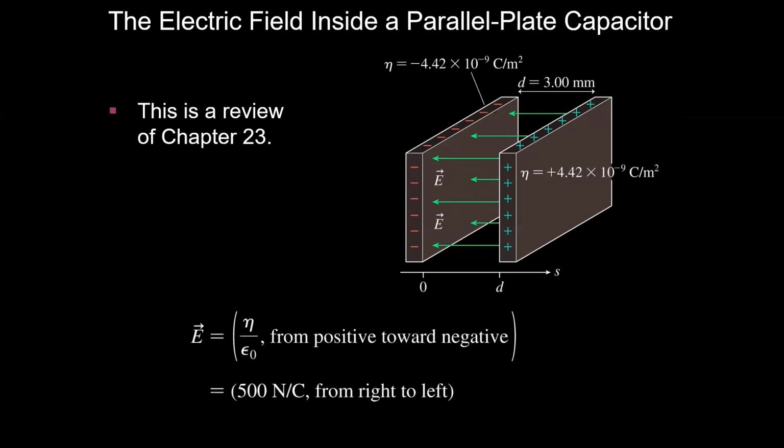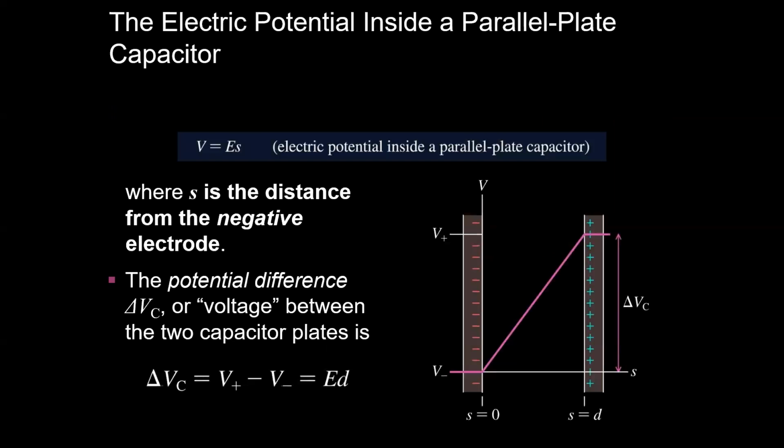So that's the review. Now, what about the new stuff? What about the electric potential in between these plates? The electric potential in between those plates, which we're kind of stating without proof, which is fine, is an increasing function from negative to positive.